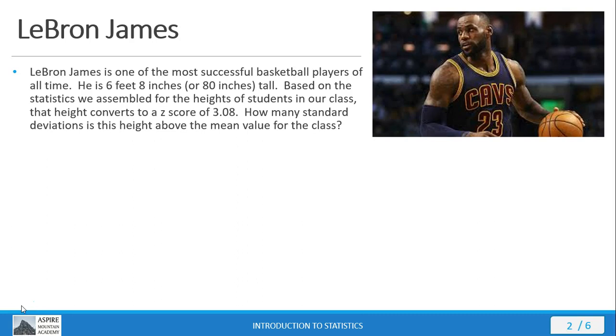We'll start with LeBron James, one of the most successful basketball players of all time. He is 6 feet 8 inches or 80 inches tall. Based on the statistics assembled for the heights of a sample of statistics students, that height converts to a Z-score of 3.08. So how many standard deviations is this height above the mean value?